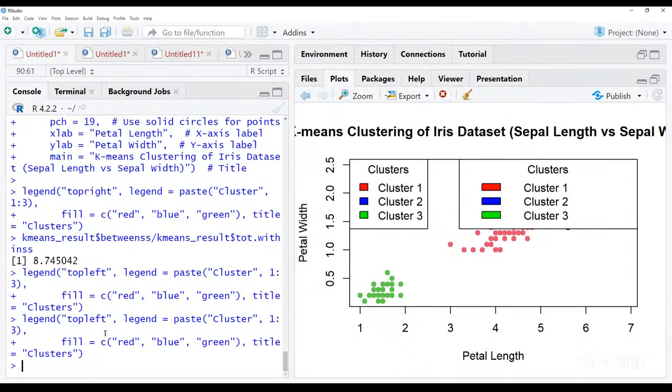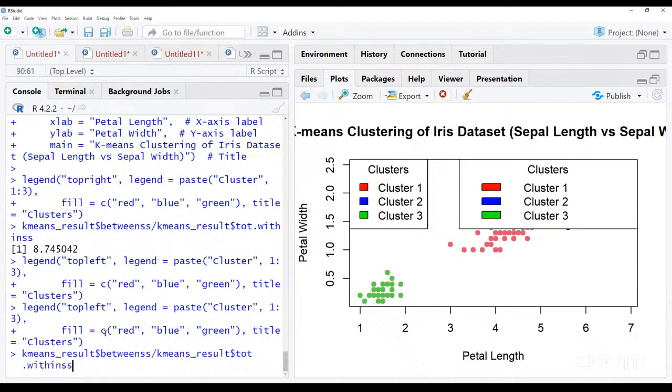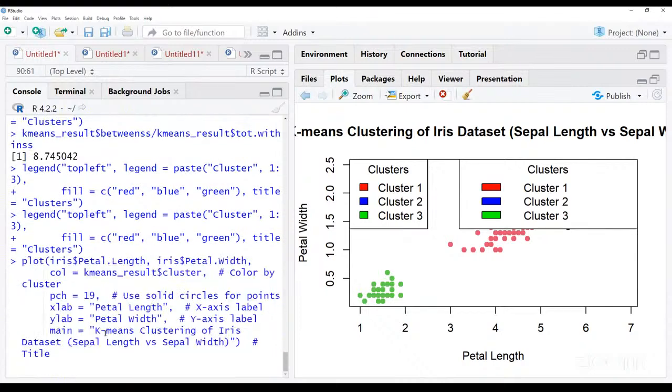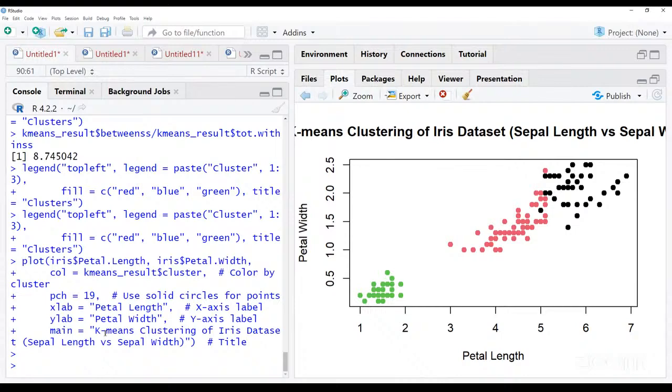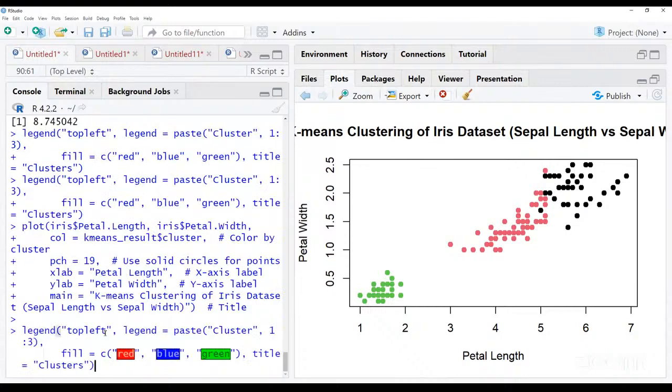Again, you have to do the same thing. Then automatically top right will be moved away. Okay, got it, sir. Yes, visible.